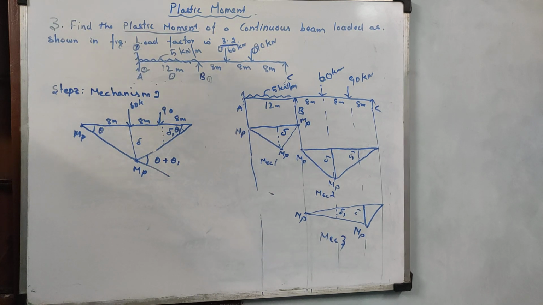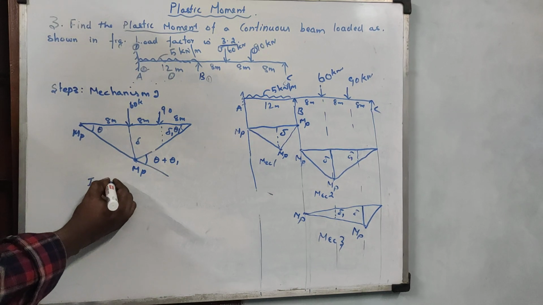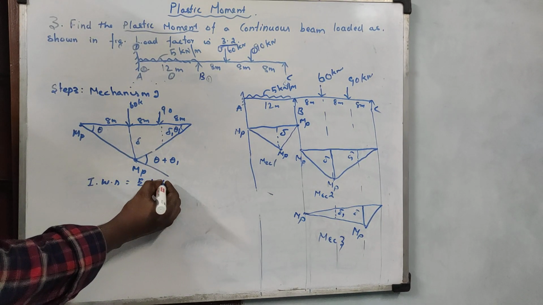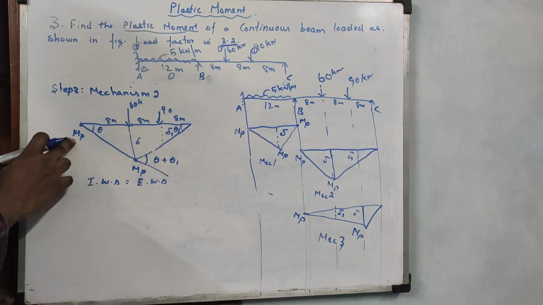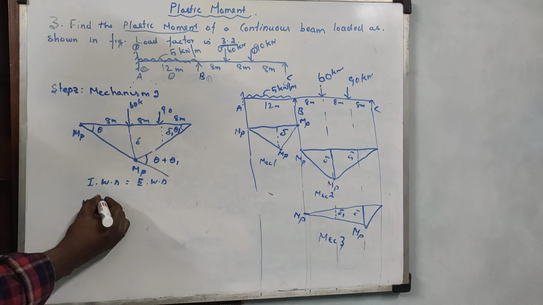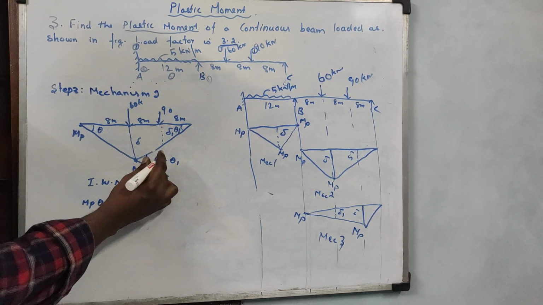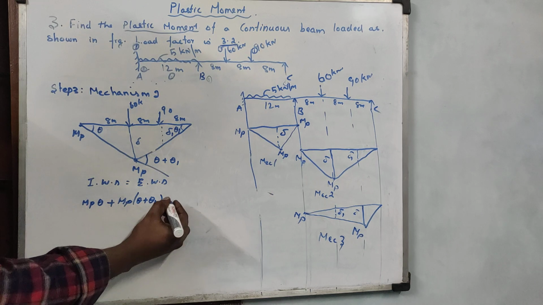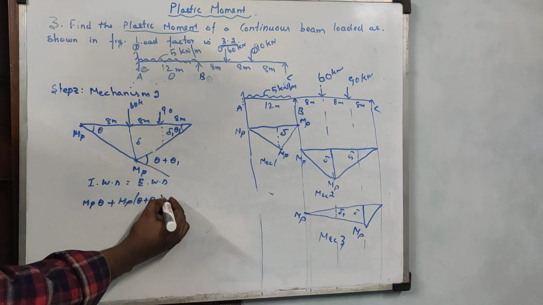We know that internal work done equals external work done. Internal work done is moment into angle. Here the moment is MP into angle theta, plus here moment into this angle theta plus theta 1, plus here there is no moment.